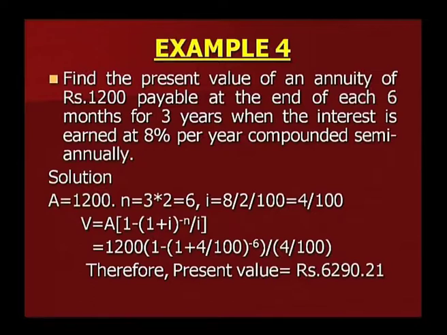Example 4. Find the present value of an annuity of rupees 1200 payable at the end of each 6 months for 3 years when the interest is earned at 8% per year compounded semi-annually. Its solution is A is equal to 1200, n is equal to 3 into 2, that is 6, I is equal to 8 upon 2 divided by 100, that is 4 upon 100.